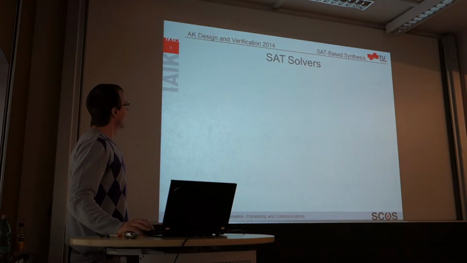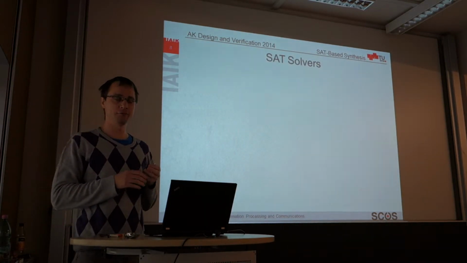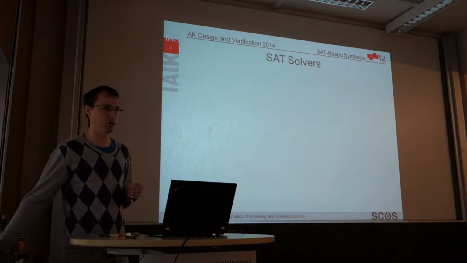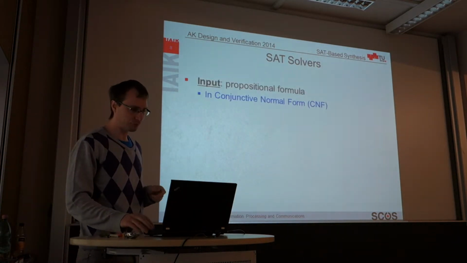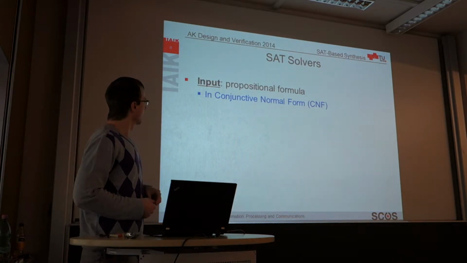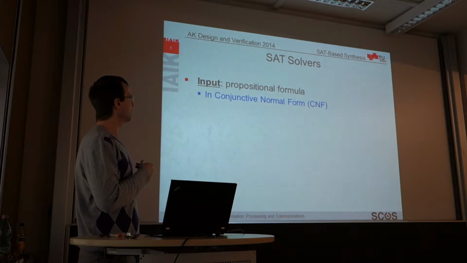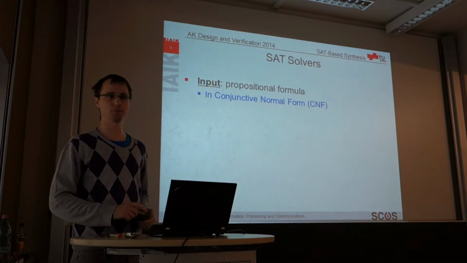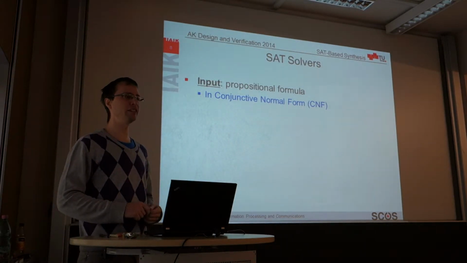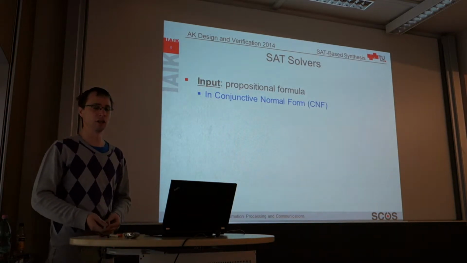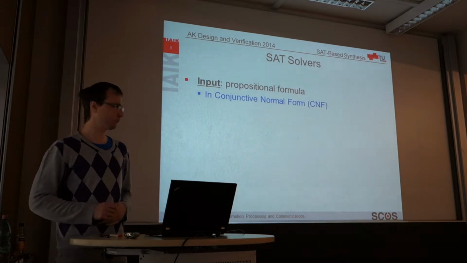Okay, so let's start by repeating what you have already discussed last week about SAT solvers. I'm sure you already know that a SAT solver basically takes as input a propositional formula. A propositional formula means that all the variables in this formula are just Boolean variables, so they can be either true or false.